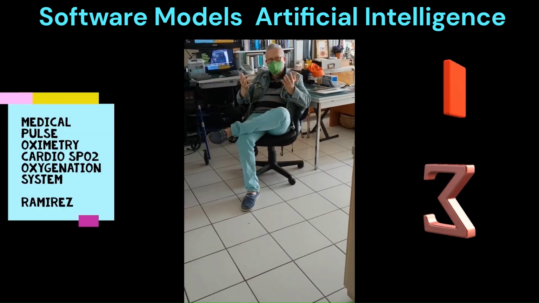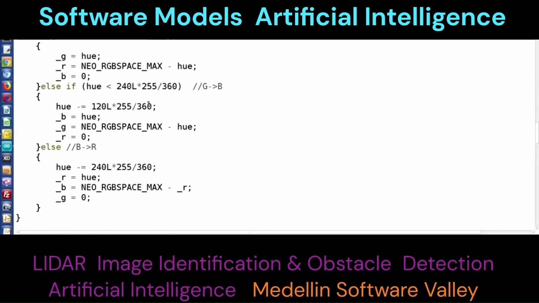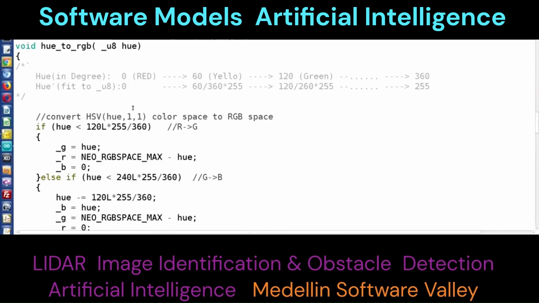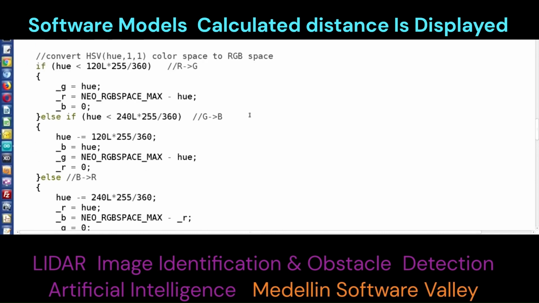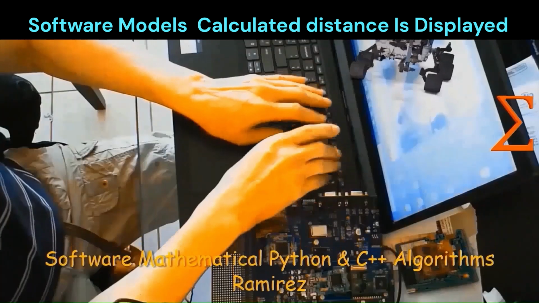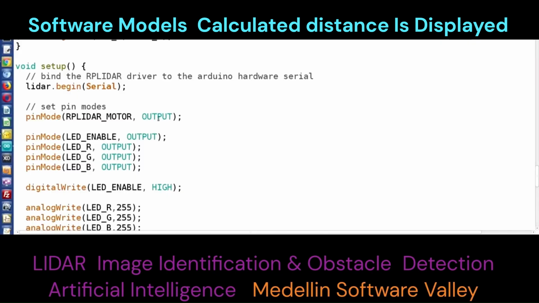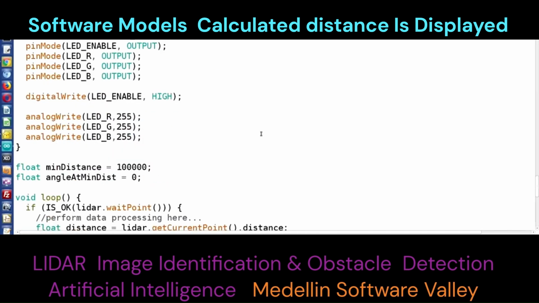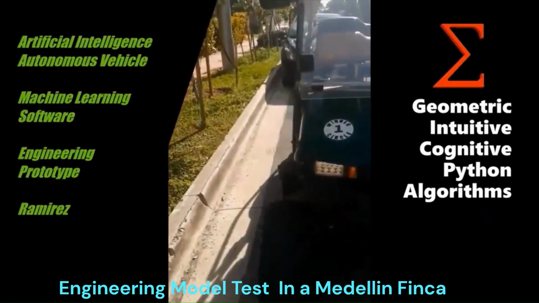Therefore, the sensor's calibration is done in the function without bias. So as you can see in the software models presented in the video, the calculated distance is displayed on the main CPU subsystem serial monitor. A 10 millisecond delay is used after every scan to prevent any crossover or collisions.